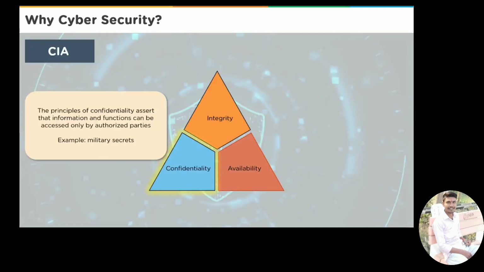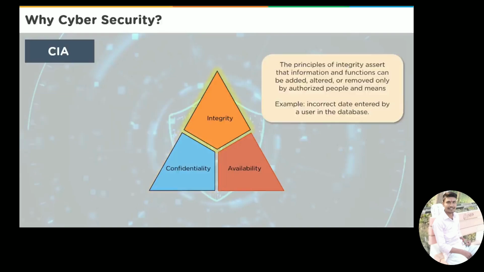So let's talk about these three aspects. The principle of confidentiality asserts that the information and functions can be accessed only by authorized parties. So, for example, even if you password protect your file, what is it that you're trying to do? You're trying to prevent other users accessing your data and peeping into your files so that your data remains confidential. It is only shared with people who know the password. Integrity.